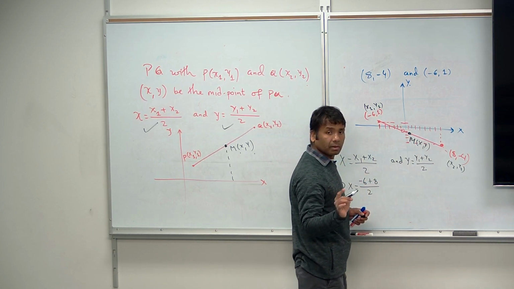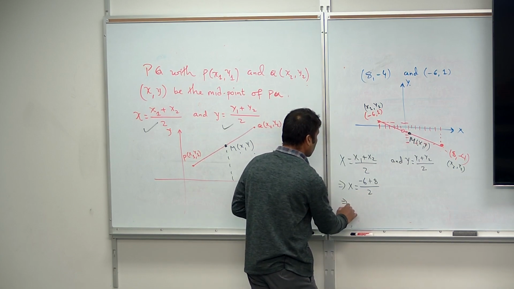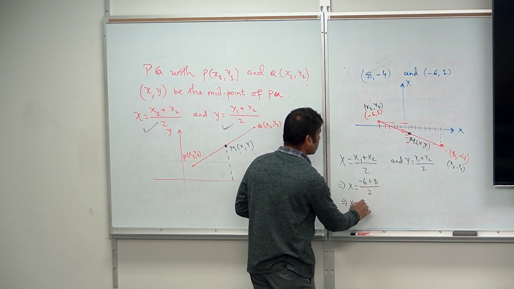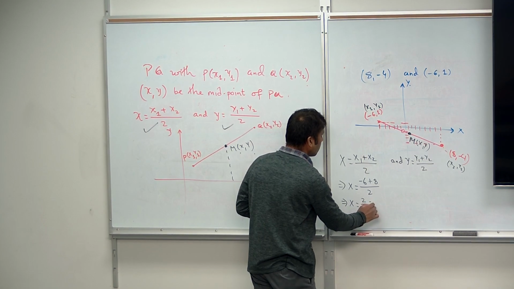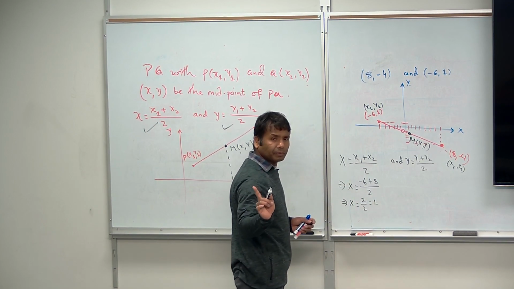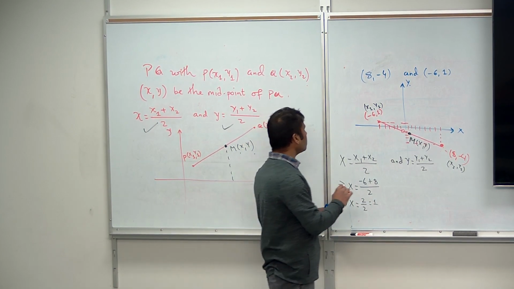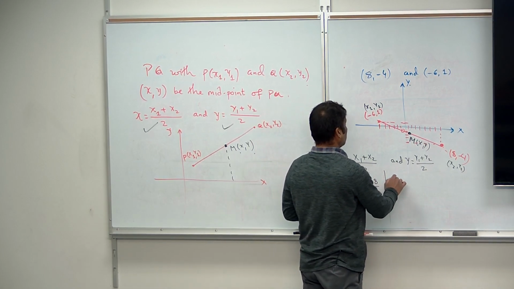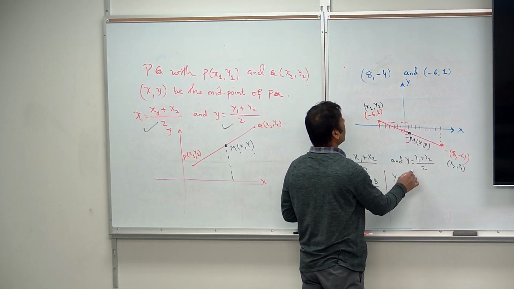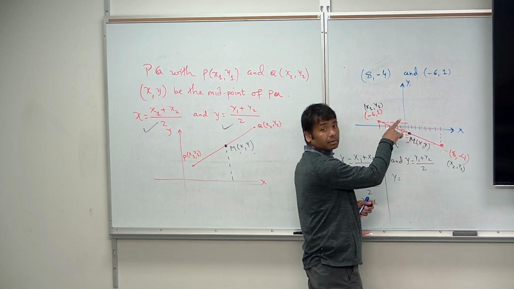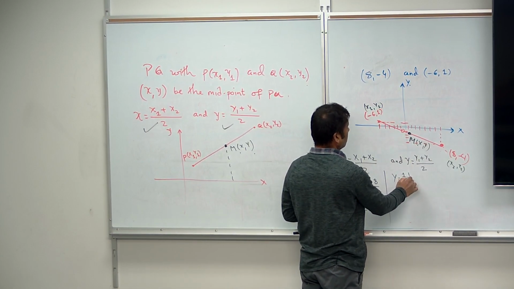Make sense? So that will give you x equals negative 6 plus 8, which is 2, over 2, equal to what? 1. Right? And then y equals y1 plus y2 over 2. What is y1? 1. Good. What is y2?